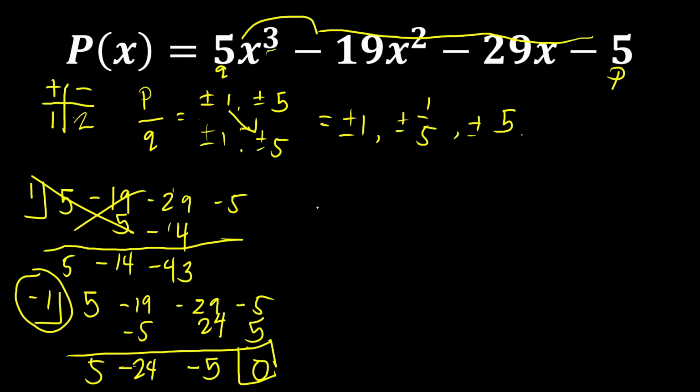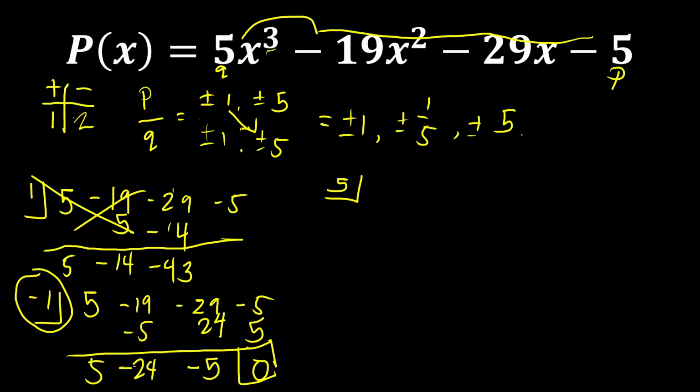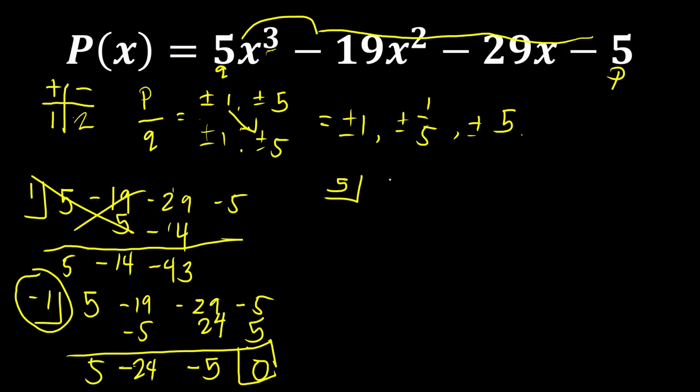Next, let's try si positive 5 naman. Kasi nakuha ba natin negative 1? Kasi may isa pang positive, may isa pang negative. So, let's try positive 5. So, ano lang gagamitin? Yung bago na po. So, we have 5, negative 24, negative 5.